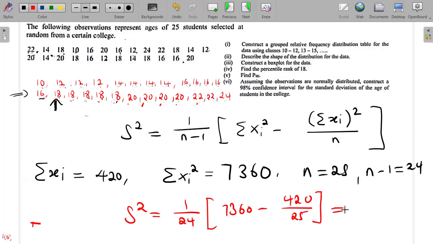So that gives me what now? Oh, I forgot to square this. I'm surprised I'm getting a very big number. This should be squared. Let me redo this.